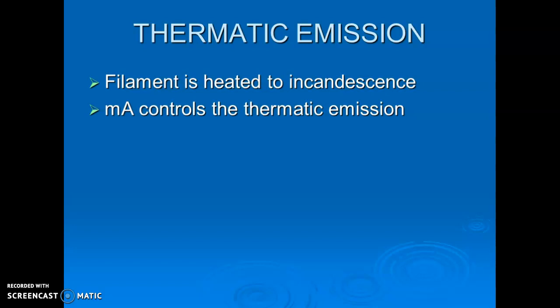So when the electron cloud is formed, how many electrons are present is your thermionic emission, and that's controlled by your mA. If you turn the mA up, you get more electrons, and if you turn it down, you get fewer electrons.